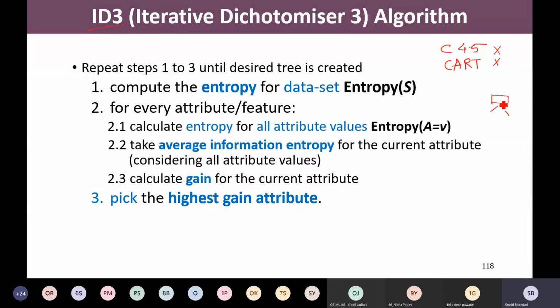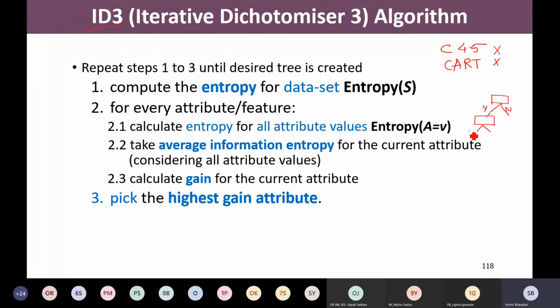Depending upon the value of that attribute, say yes or no, we have two different branches, one for yes, another for no, and based on that we select some other attribute further, and based on its value we further expand our decision tree.